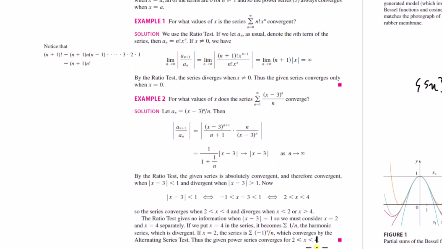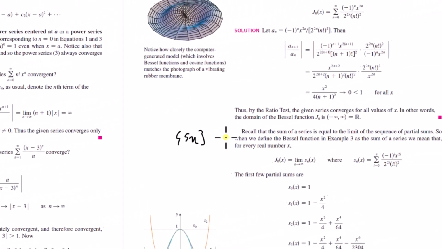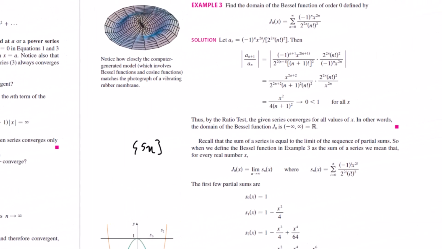It's from 2 to 4, including 2 but not including 4, a single interval, and that was it. Here was just 0, the single number 0. And then here was all real numbers.